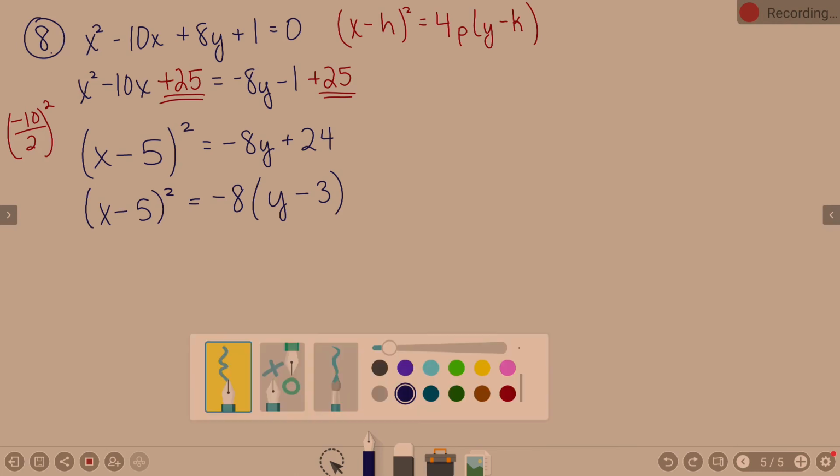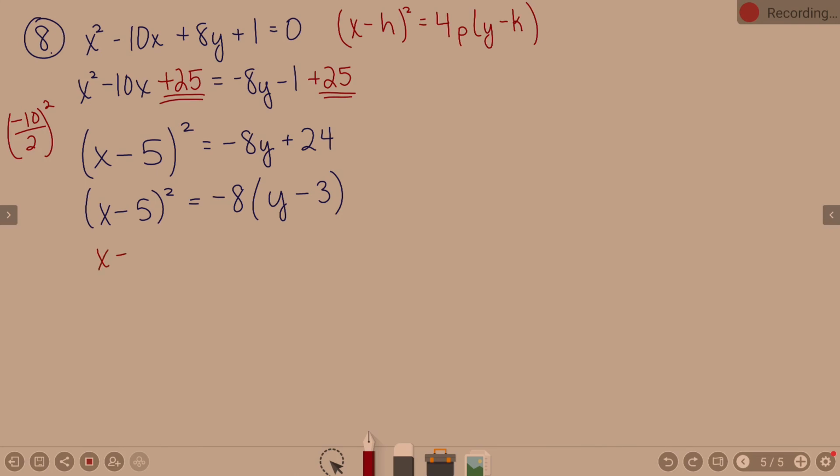And now, this is of the form x minus h, quantity squared, equals 4p times y minus k, right? And all I did is I just wrote that underneath so you can match up the form there. I'm trying to remember what we had defined: vertex, focus, directrix. And remember, we were working in the left column.